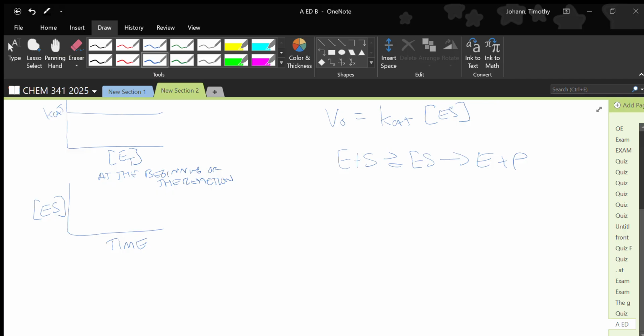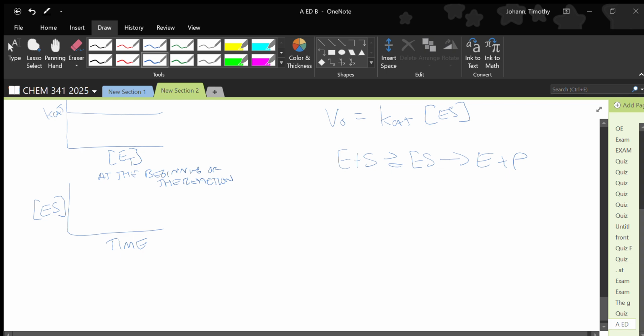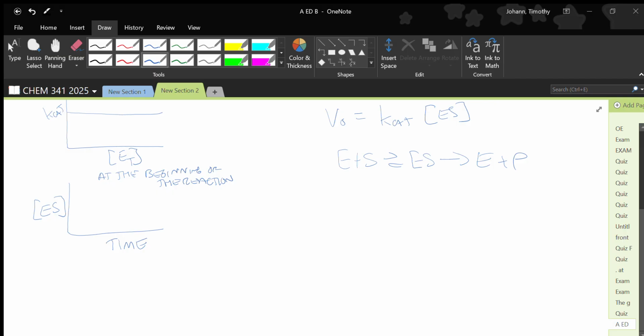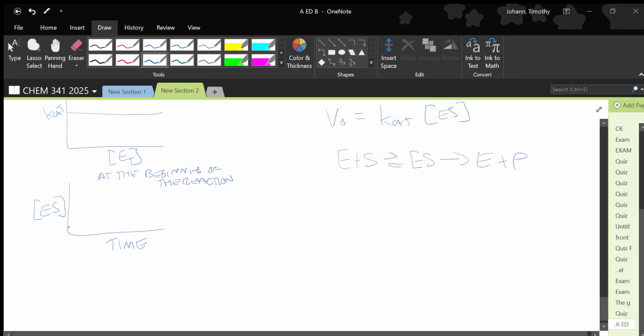Is it going to be a diagonal? What does our steady state equation say? It says that enzyme substrate complex isn't changing, right? The rate of formation is equal to the rate of breakdown. So there's going to be a straight line, or you could argue that it has to start and then become a straight line. I'd take either of those. Both of those are fine.